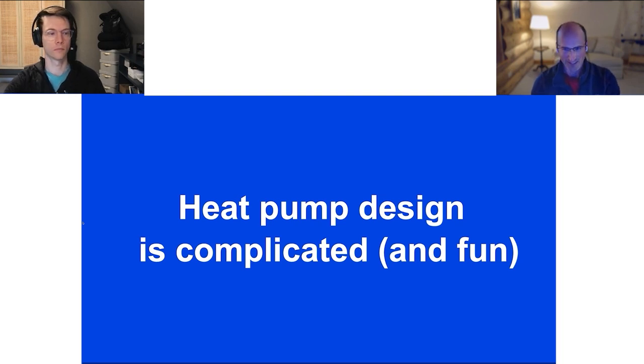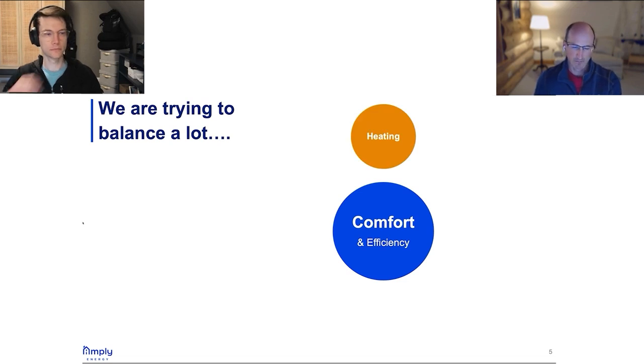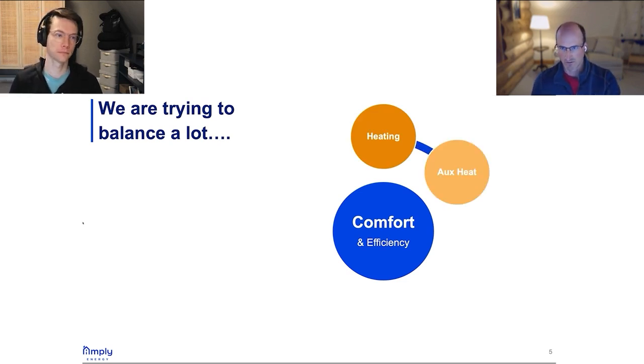And I also think it's really fun. It's complicated because we're trying to balance a lot when we are designing a heat pump system, trying to deliver comfort and efficiency for our end customer, for the homeowner, with a big emphasis on comfort. To do that, we've got to be thinking about heating issues, whether or not we need auxiliary heat.